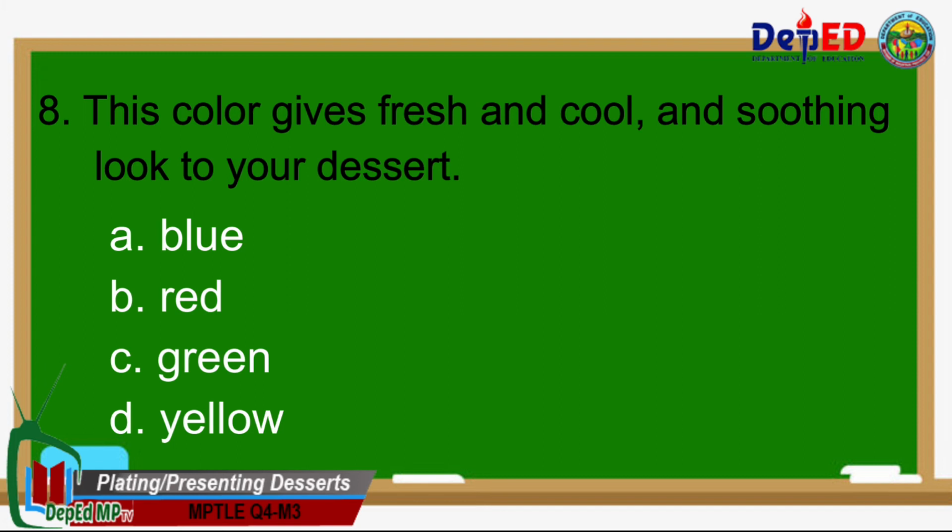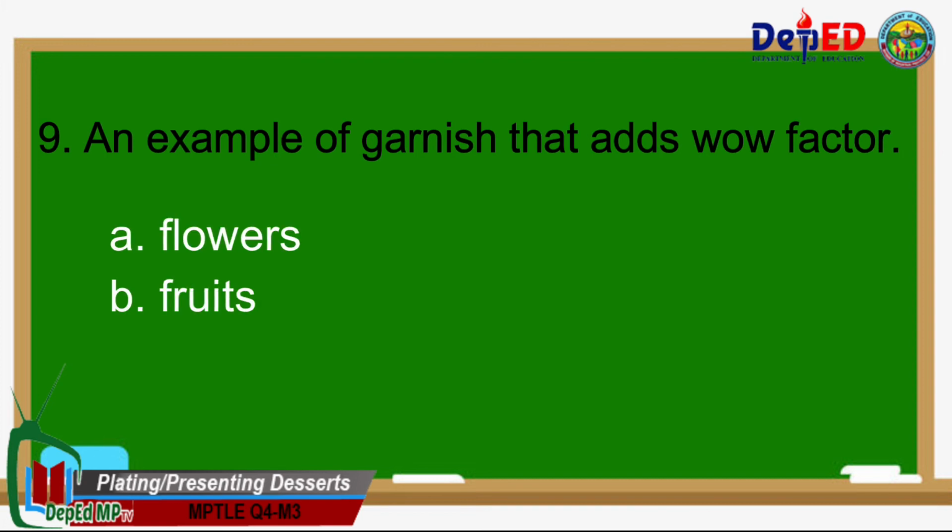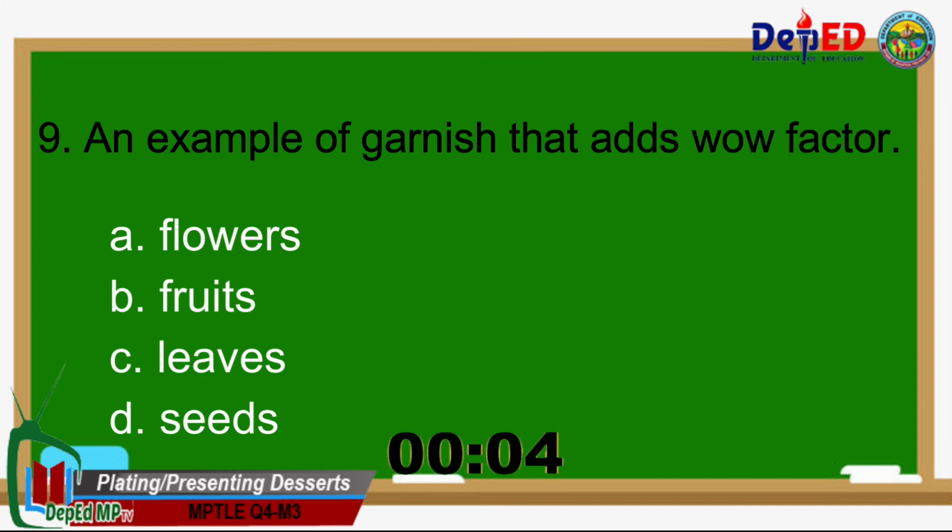Letter D, yellow. The correct answer is letter C. Number 9. An example of garnish that adds wow factor. Letter A, flowers. Letter B, fruits. Letter C, leaves. And letter D, seeds. The correct answer is letter B.